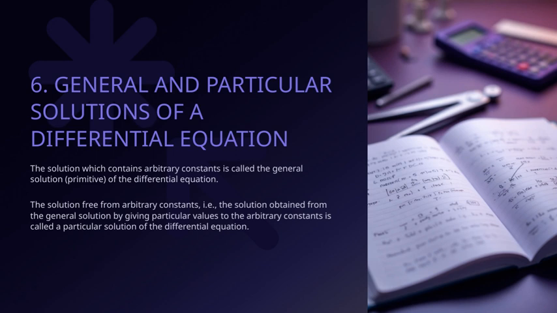This particular solution is free from arbitrary constants and satisfies specific initial conditions or boundary conditions. So, in essence, the general solution gives us the broad picture, while the particular solution zooms in on a specific case. Understanding this distinction is key because it helps us see how solutions can be tailored to particular problems or conditions, which ties back to the overall theme of solving differential equations effectively.